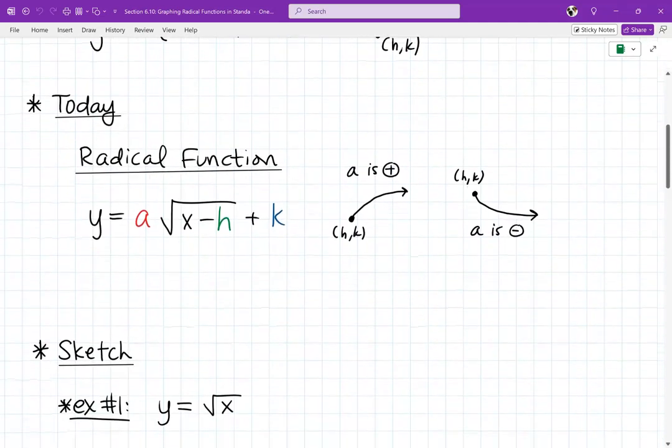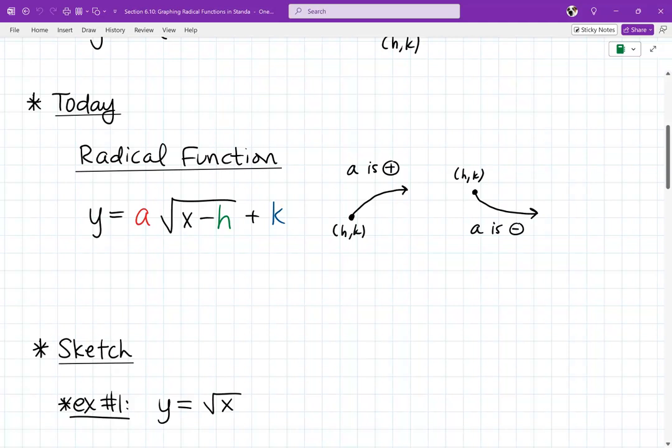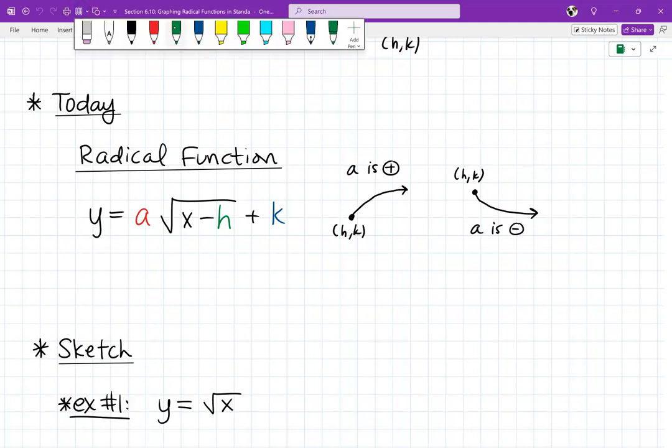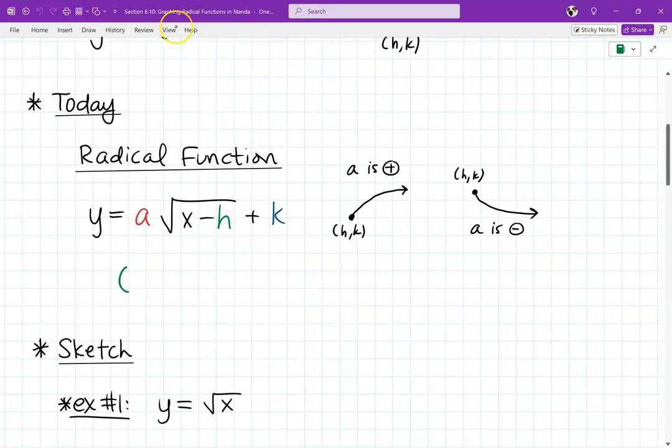Okay? And notice the h and k, well, (h, k) is no longer our vertex. It's actually our origin. So I'm going to put that right here: (h, k) is the origin of the graph, where the graph starts. And where it starts, it only shoots off in one direction.